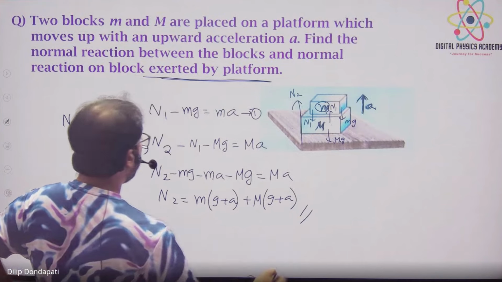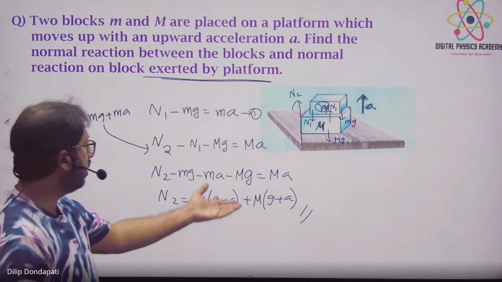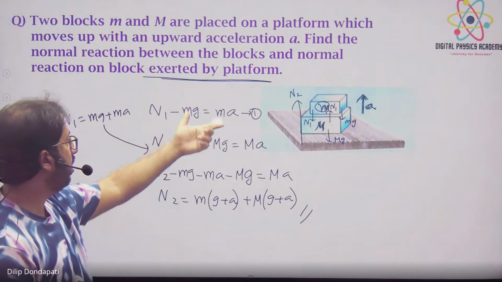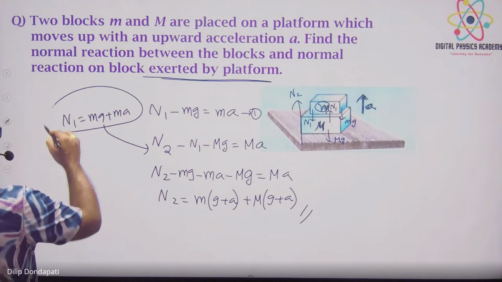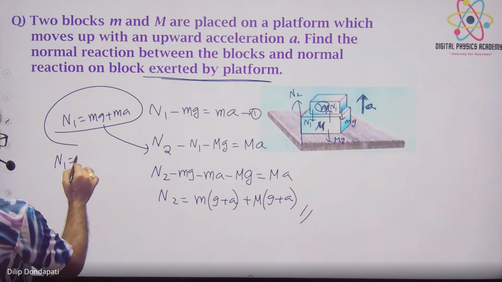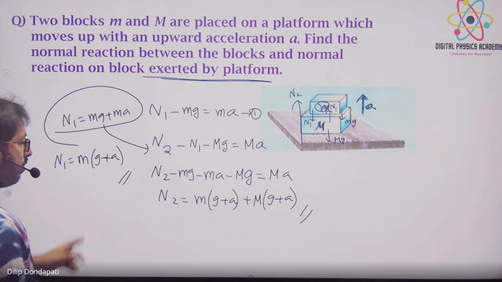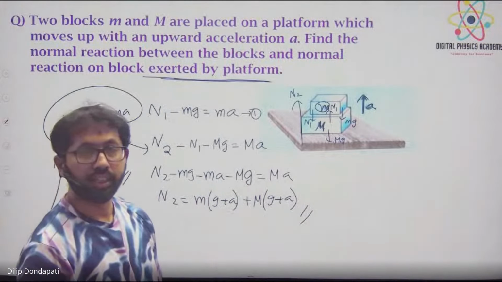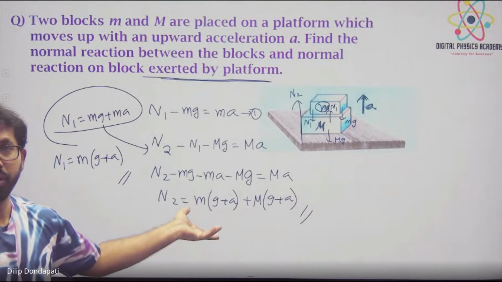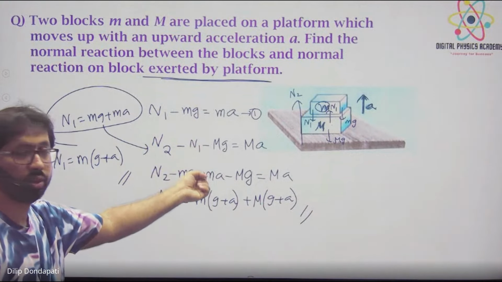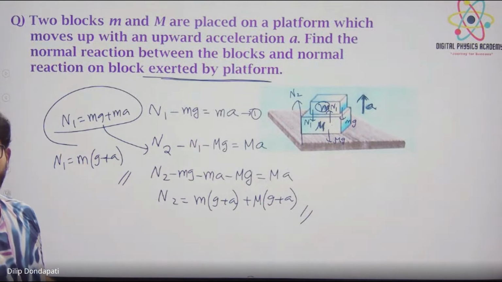This is N2. Substituting, N1 is equal to m times g plus a. So N1 and N2 values are found. If we do numericals in terms of variables, the steps will be reduced and it will be easy.